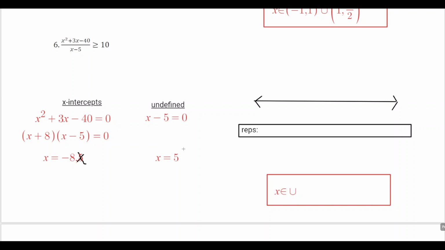And that's actually going to be relevant when we write our solution set, because look, it's greater than or equal to, oh, wait a minute. Okay, we got to back this up.